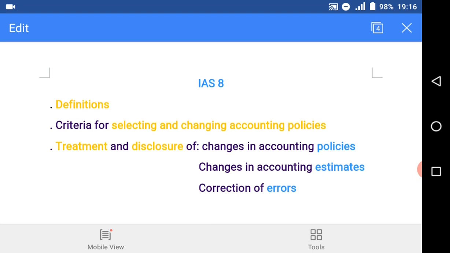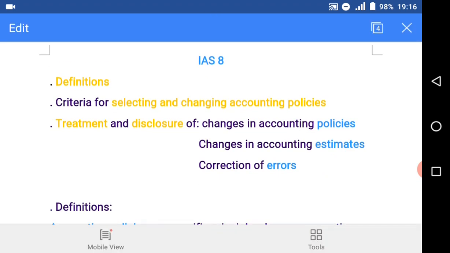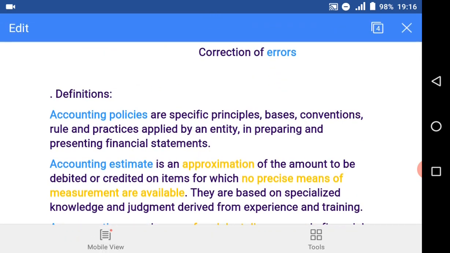The second is changes in accounting estimates. Then the third is correction of errors. So we have policies, estimates, and errors, and we'll be differentiating the three of them from the definition. Then we'll be looking at the treatments. So we'll go to the definitions now.